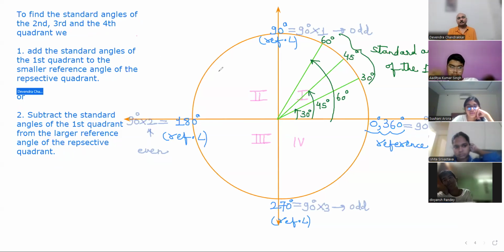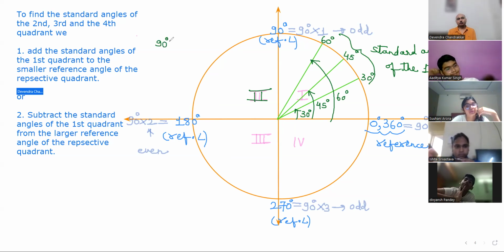For example, if I am talking about the second quadrant, that is the quadrant we are talking about. If I ask you to find the standard angles of the second quadrant, which reference angles will you consider? Ishita, which angles will you consider for the second quadrant as reference angles? 90 and 180. So which one of them is the smaller one? 90.